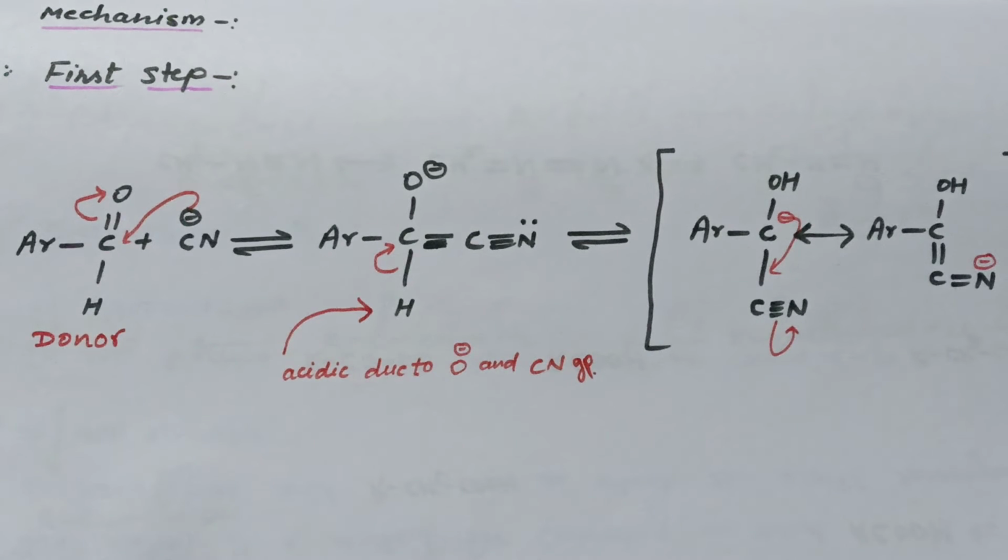This acidic hydrogen migrates from carbon to the oxygen to form a carbanion. The carbanion is stabilized due to delocalization. The aldehyde on which cyanide ion is added is known as the donor molecule.